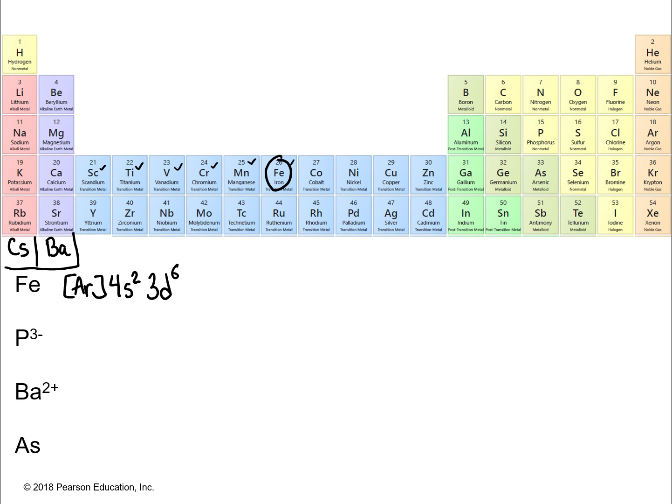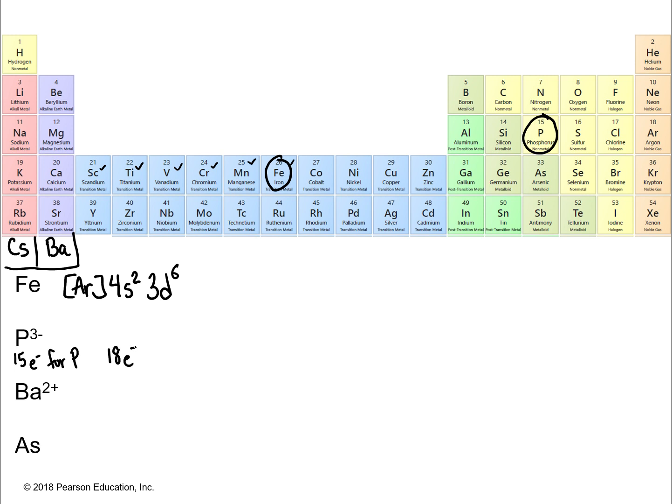Now this second one, we're looking at an ion. We're looking at phosphorus. It normally has 15 electrons when it's just the phosphorus atom, the neutral atom.